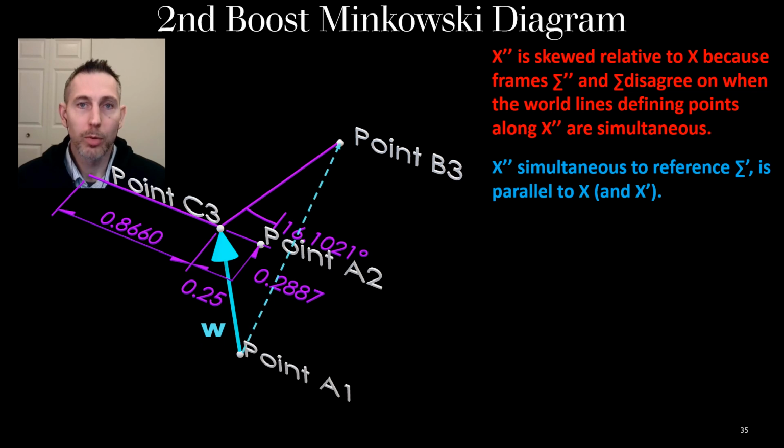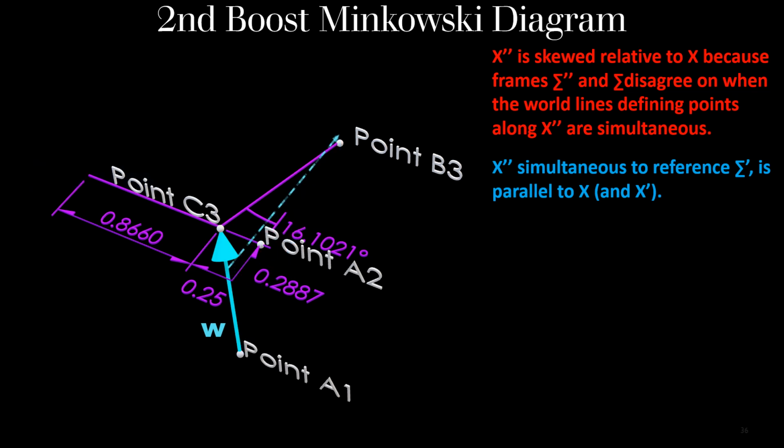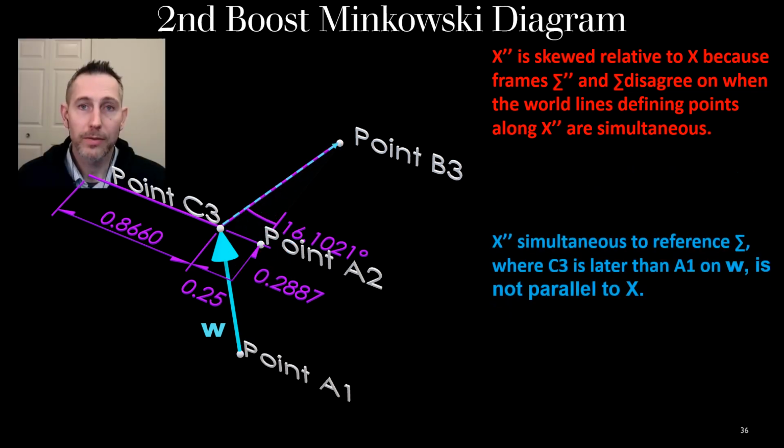Note that x double prime simultaneous to the frame sigma prime is parallel to x. But simultaneous to sigma, where C3 is later than A1 along W, is not parallel to x.